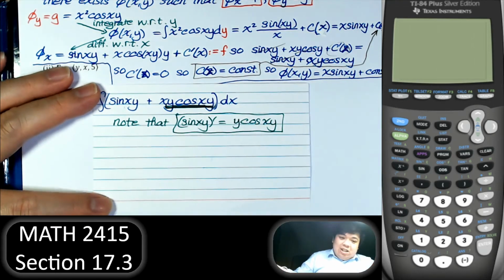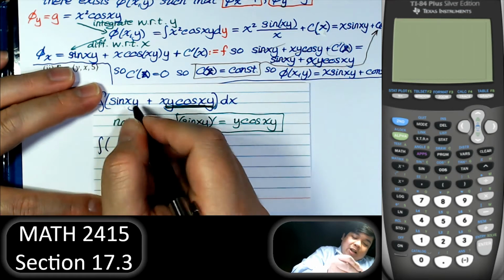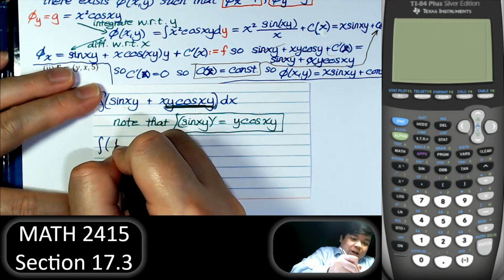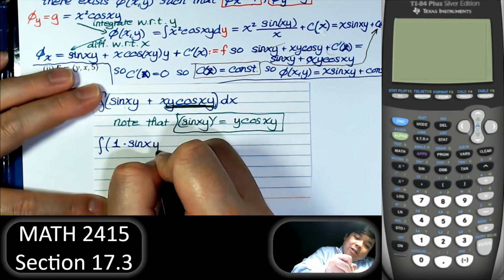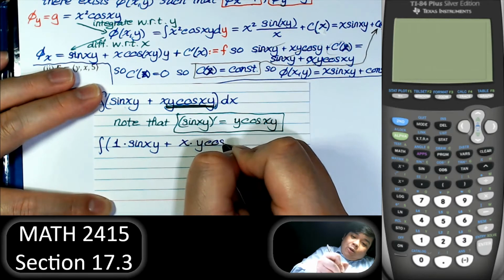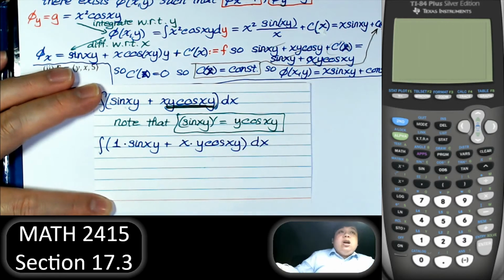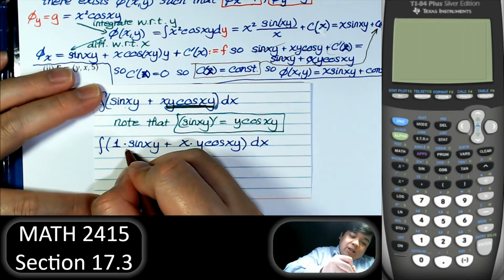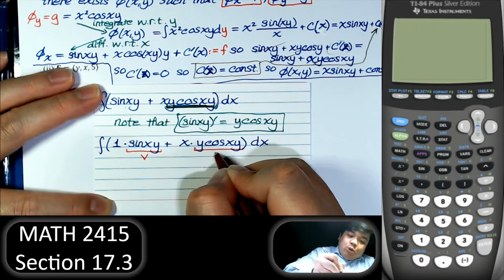Now let's take a look at this problem again, but this time I'll write it a little bit differently. Instead of sine of xy, I will write 1 times sine of xy plus x times y cosine of xy, dx. Note that if this is v, this will be v prime.